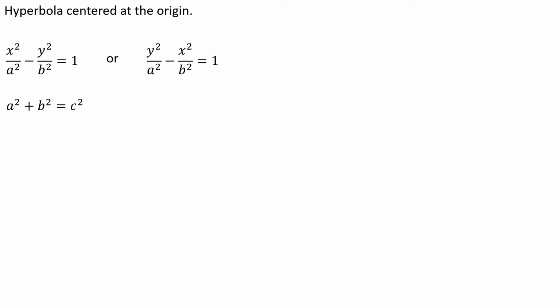And then the other twist with the ellipse, if we had subtracting to figure out the value of c, here we're going to do adding to find the value of c. So I want to do one example where we start out with the x squared over a squared, and then I'll do one example where we start out with the y squared over a squared.